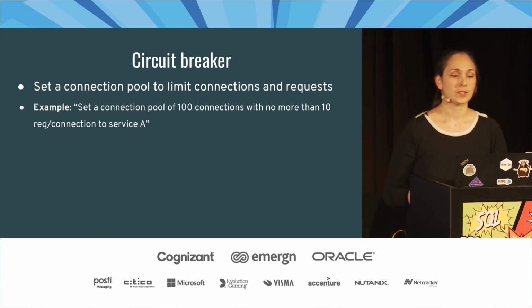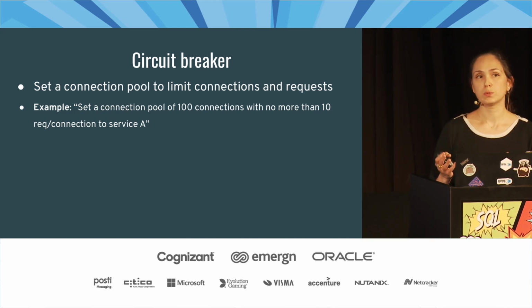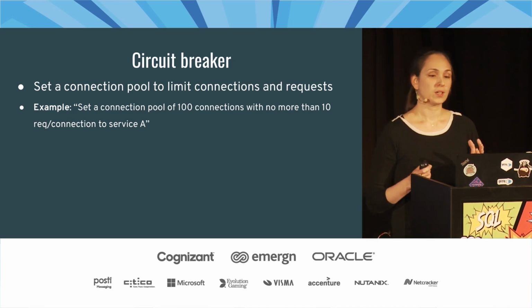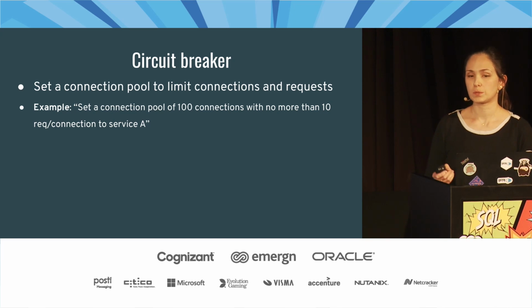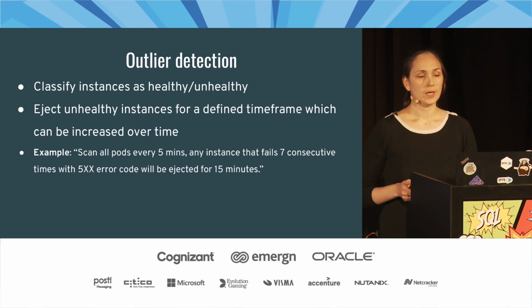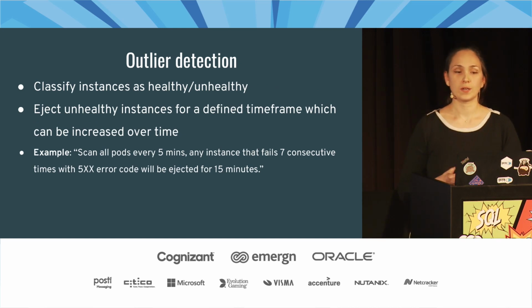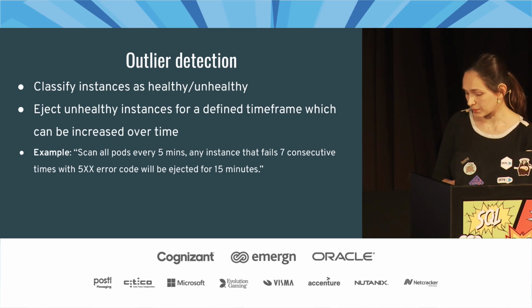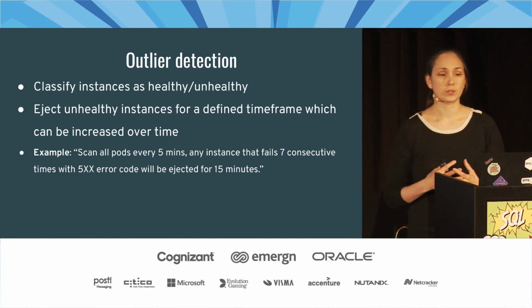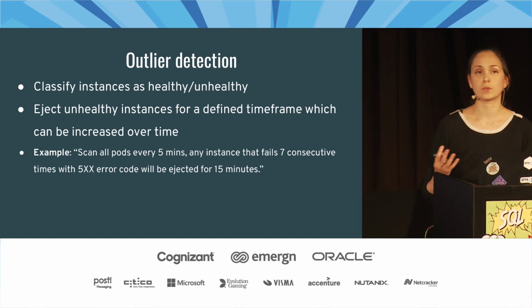Circuit breaking is a technique to set a connection pool to guard our servers from being overloaded, and Istio is allowing us to do that. For example, set a connection pool of 100 connections with no more than 10 requests to this service. It is also complementary with outlier detection. So Envoy proxy has the capability to classify instances or pods of a microservice as healthy or unhealthy based on several criteria.